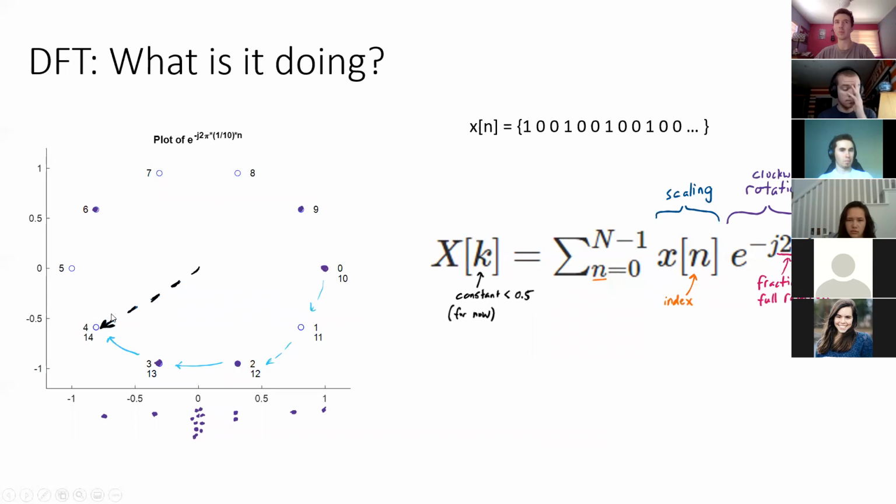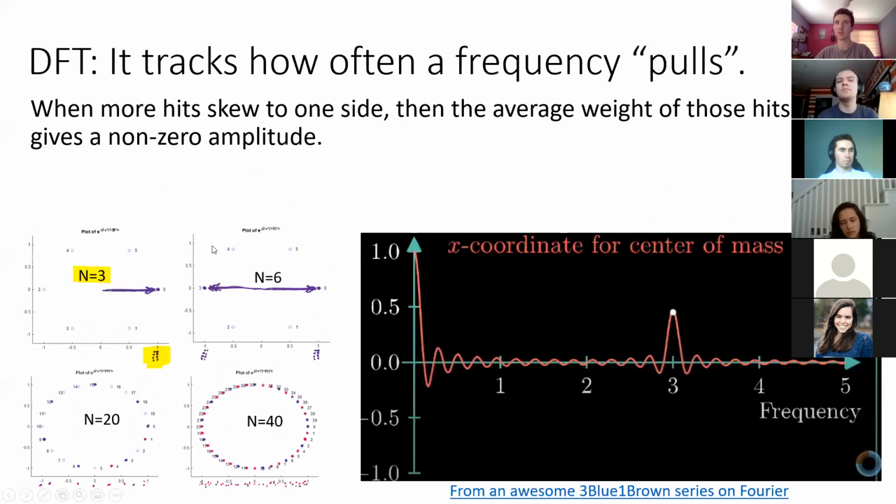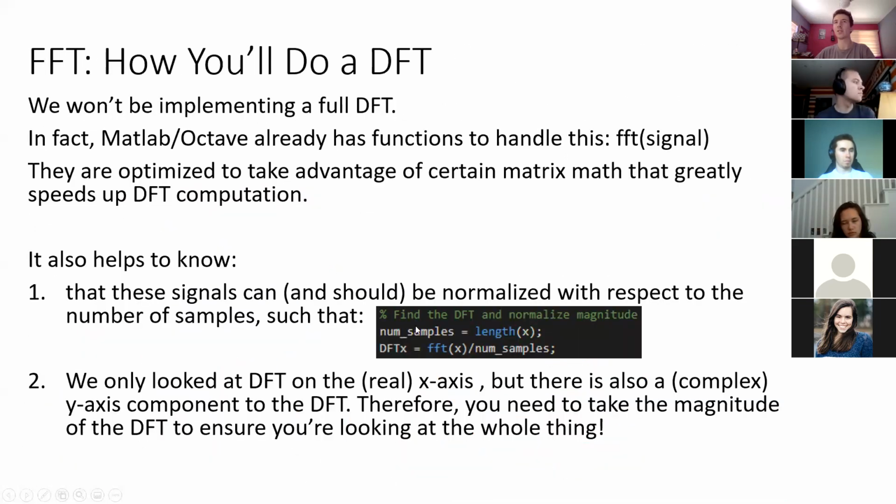And so we're getting these repeated signals overlapping. So however many samples you take for your DFT, just divide by the number of samples, and that'll normalize the magnitude.